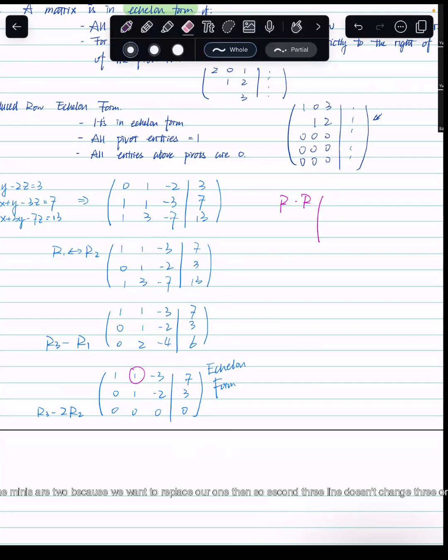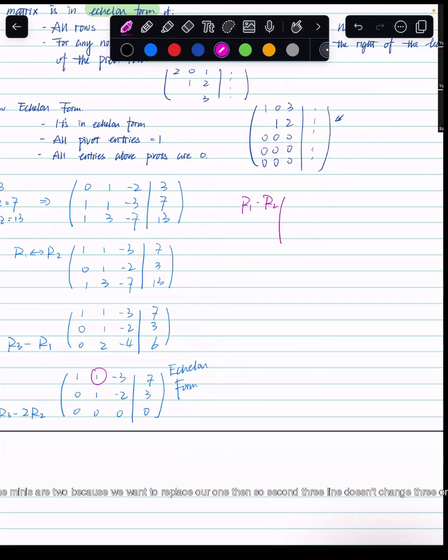The second and third lines don't change: 0, 1, 2, 0, 0, 0. Now I have 1 minus 0, 1 minus 1, negative 3 minus negative 2, to 1.